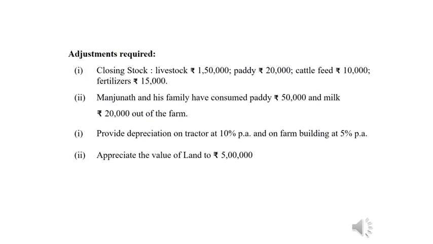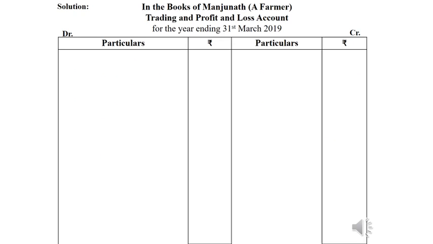Appreciate the value of land to rupees 5 lakhs. So it is a special item. We have to appreciate the land to rupees 5 lakhs. In the same way in which you solved the previous problem, try to solve this one also.